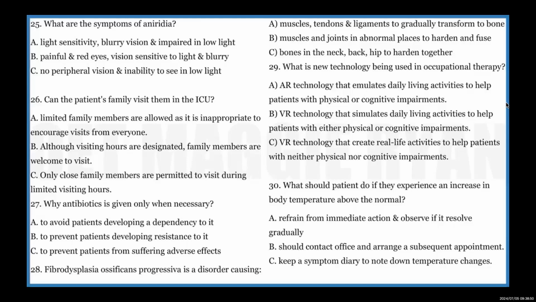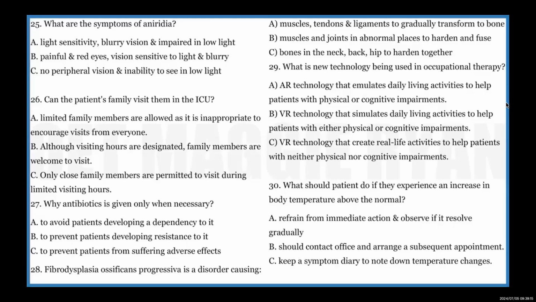Thank you. How long will I be in the ICU? That depends on how well you respond to treatment. Our goal is to stabilize your condition and transfer you to a regular hospital room as soon as possible. We'll keep you informed and updated throughout your stay. Okay. Can I have my family visit me? Yes, of course.